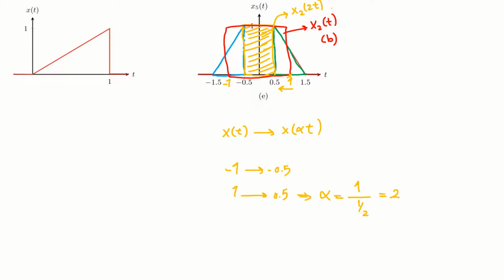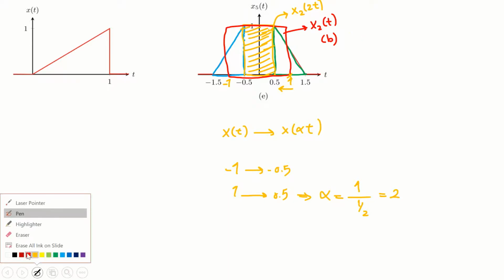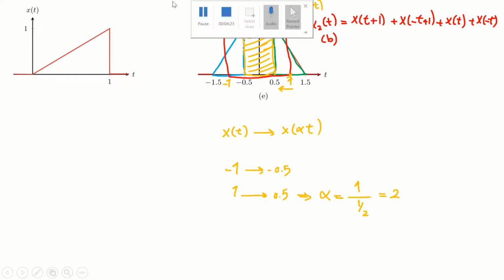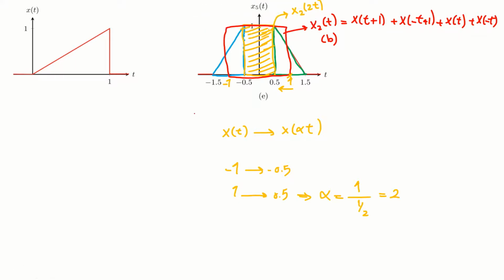Alright, and we know the expression for x2(t) was, let me pause the video because I cannot remember that, but I think it was x(t+1) plus x(-t+1), then x(t) plus x(-t). Let me just double check. Oh yeah, that's correct.